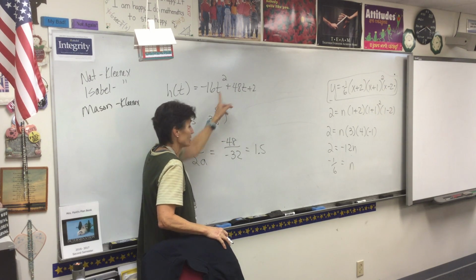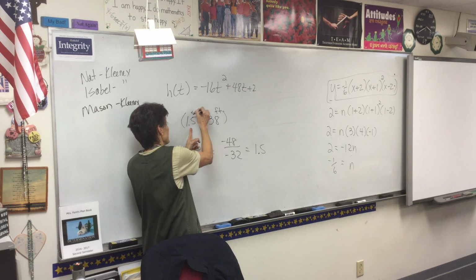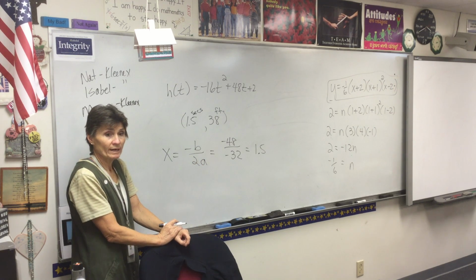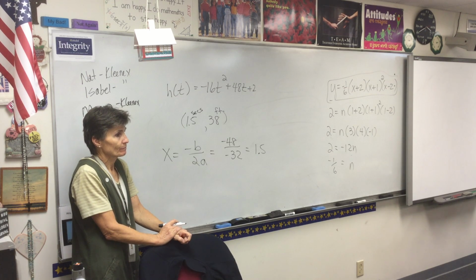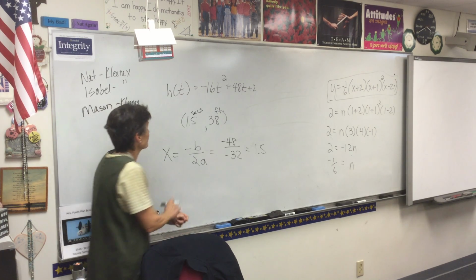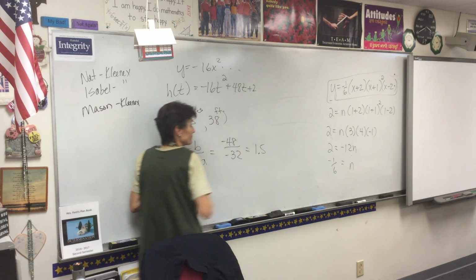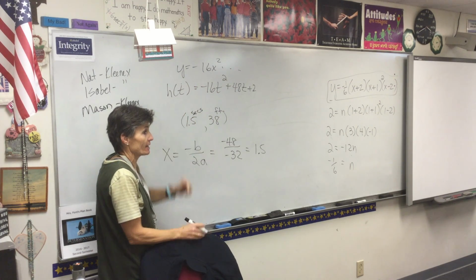X. So this is the time. So when does it reach its highest point? 1.5 seconds. What is its highest point? 38 feet. Think of a regular equation that would be written like this, right? So x is the time, y is the height.